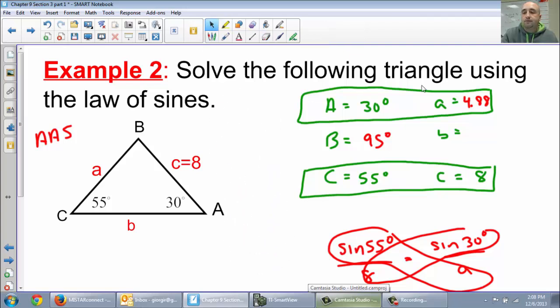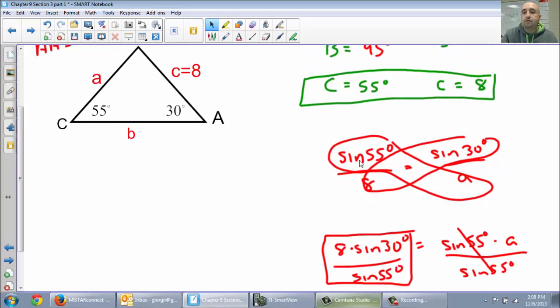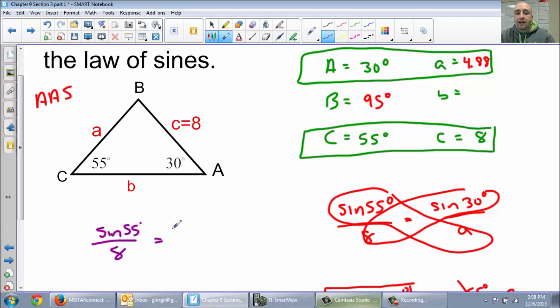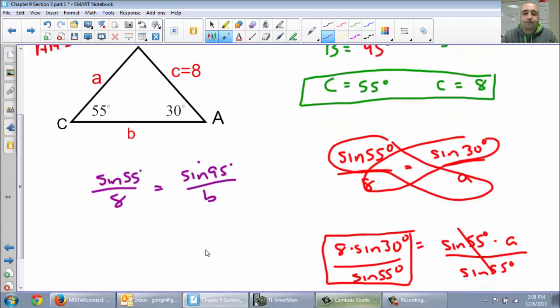Now we're going to do the exact same thing with law of sines, but now we're going to use the b's. I'm going to go back to my problem here and change my color. We're going to do our c's still: sine of 55 over 8 is equal to, now we're going to do our b's, sine of 95 all over little b.